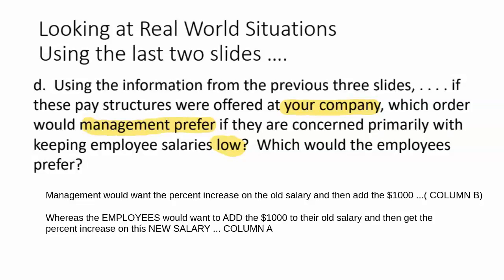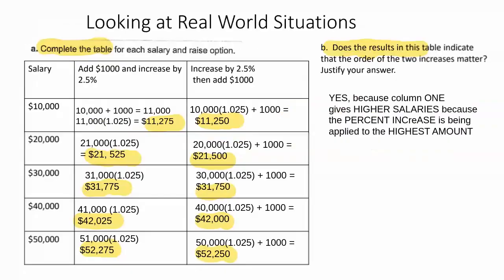That's where you have to remember, if you are a union representative and you are thinking of a lot of people, understand how the company is presenting your salary increase. Are they going to give you $1,000 more plus an increase? Or are they going to give you the increase and then add 1,000 to it? Not the same as you saw in this table.